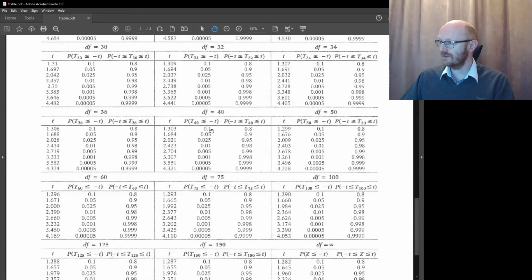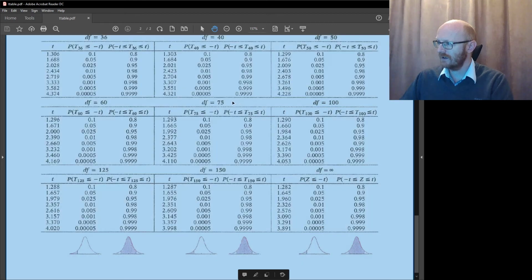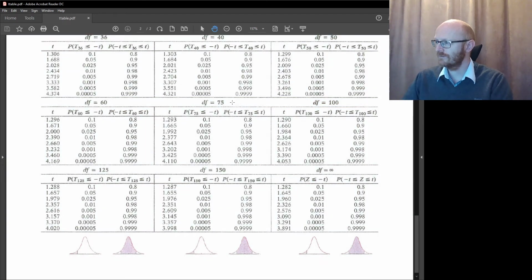So our degrees of freedom is 78. And here we have degrees of freedom of 75, and we have a degree of freedom of 100. And we take the closest lower degree of freedom to be certain to include our true value with a certain probability.